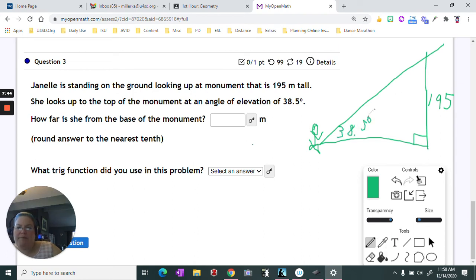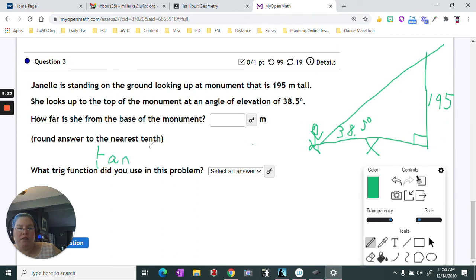Okay, so we want to know how far she is from the base of the monument. So this is my x. How far would she have to walk to get there? So what trig function is this going to match? Is it sine, cosine, or tangent? Okay, so here we go. I have my opposite and my adjacent with my angle of elevation. So I think this is going to be a tangent.